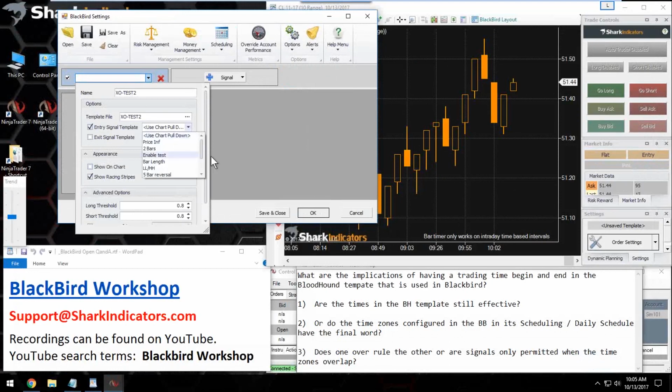I'm gonna lock the entry signals in. Not that it matters for this discussion, but basically, what I just did is I took a BloodHound template and put a time session solver into it here.